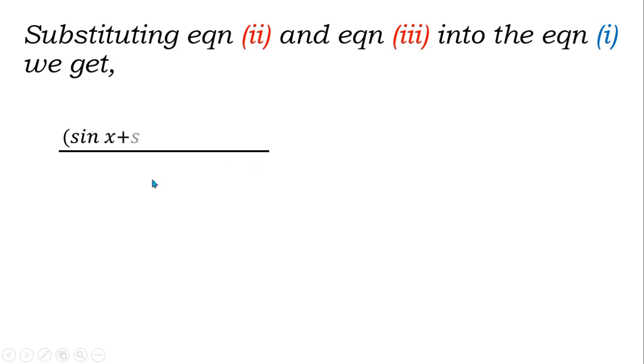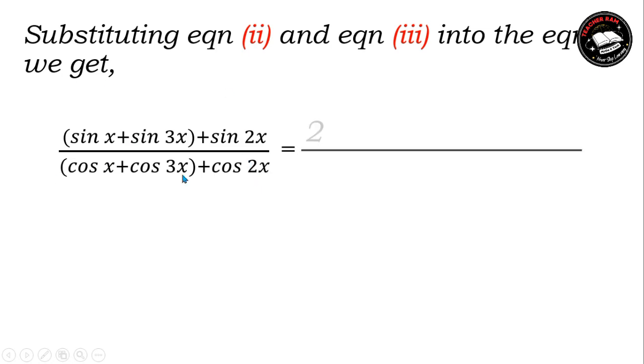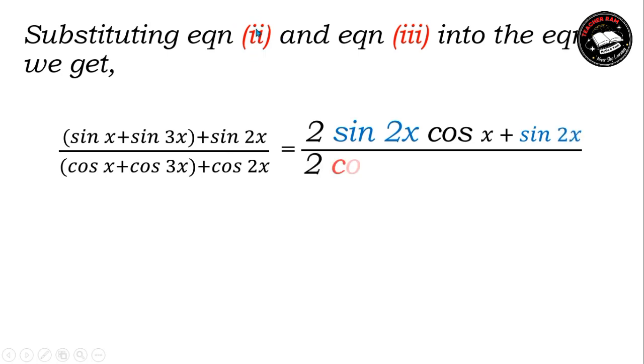So here in equation 1 we have sin x plus sin 3x, then plus sin 2x, divided by cosine of x plus cosine of 3x plus cosine of 2x. This was equation 1. So let us substitute the result we have obtained from equation 2 and equation 3 into equation 1. From equation 2 we have obtained 2 sin 2x cosine of x plus sine of 2x.